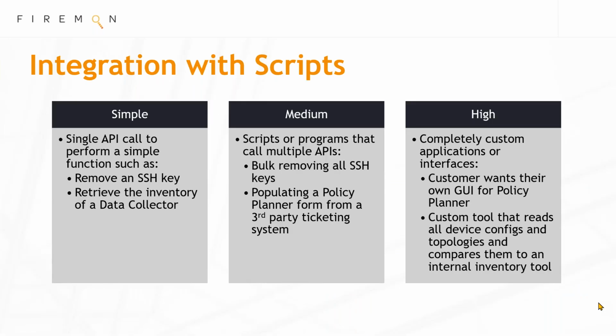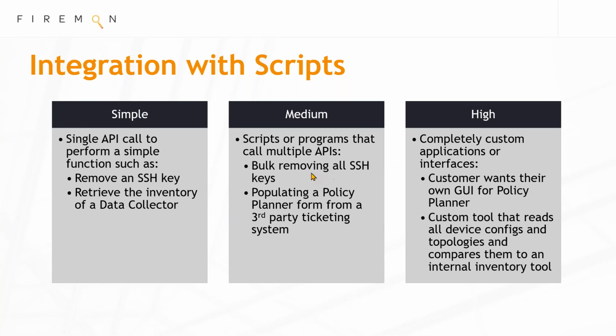All right, primarily customers are going to use APIs to integrate with either scripts that they want to run or applications that they use outside of our FireMon ecosystem. Some examples of simpler ones here in the first tab would be using a single API call to remove stale SSH keys from a device configuration in Security Manager, or perhaps just retrieve the inventory from a data collector.